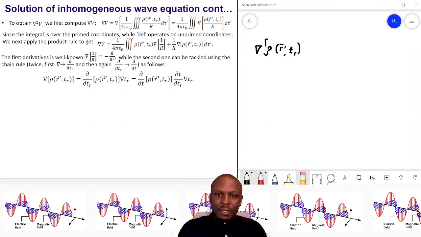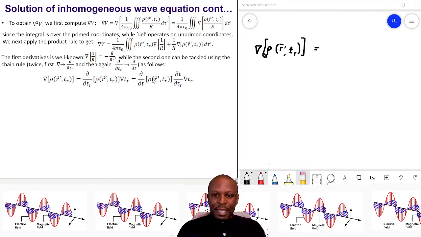Now if I have to take this differential there, I'm going to multiply that by the differential with respect to the retarded time. That's the first one. I'm taking the differential with respect to the retarded time, and then from there I'm making the chain rule. This is what I'm going to have.